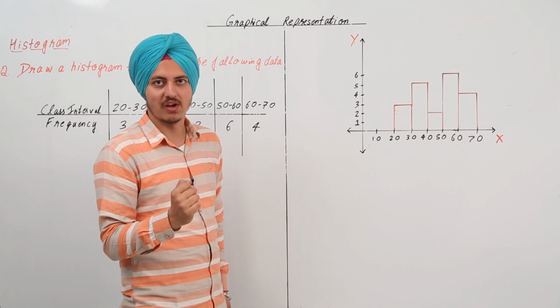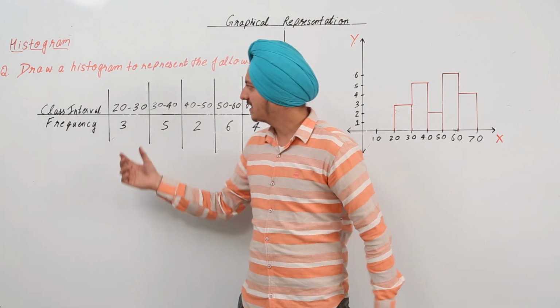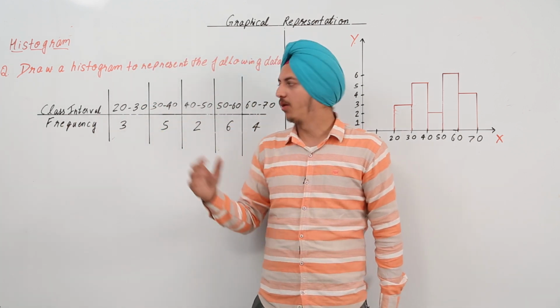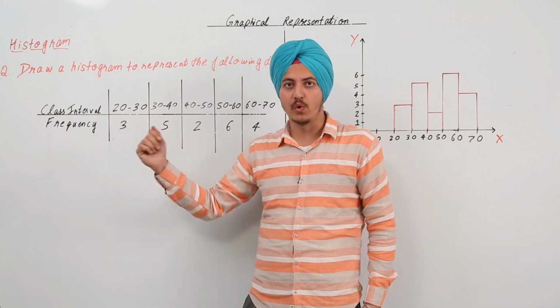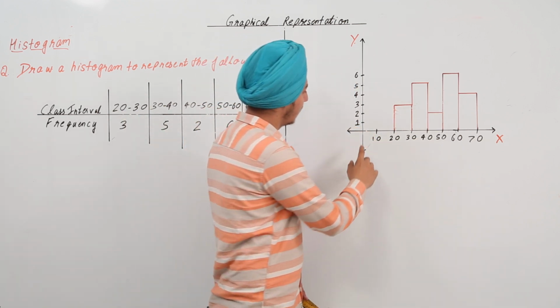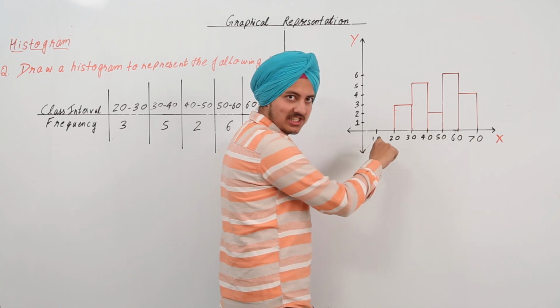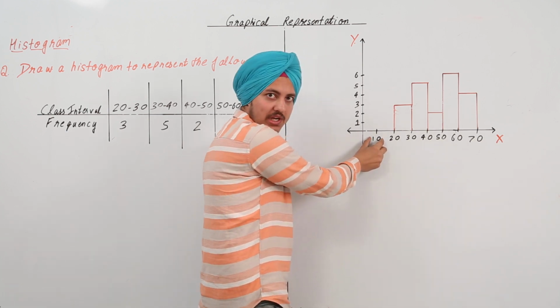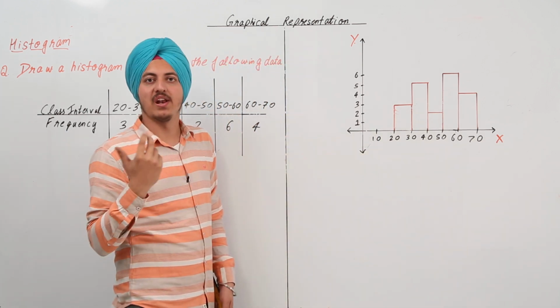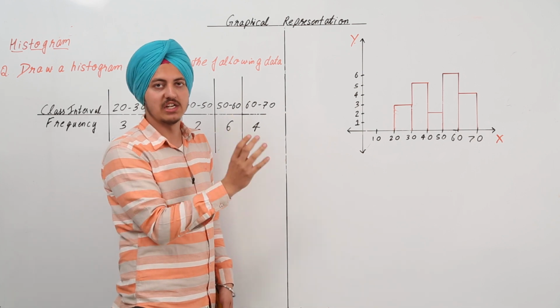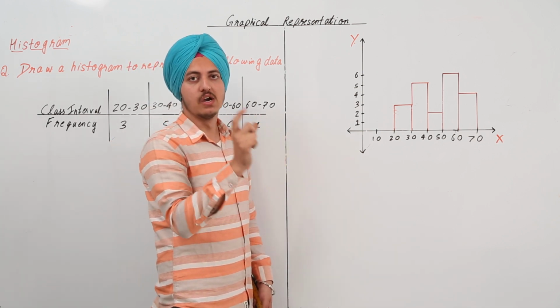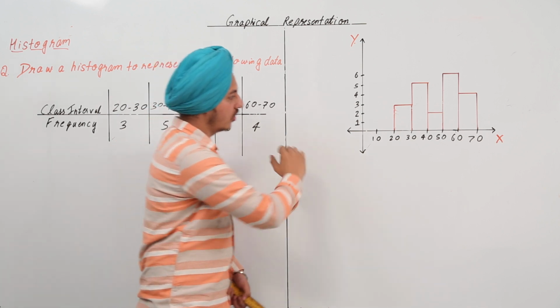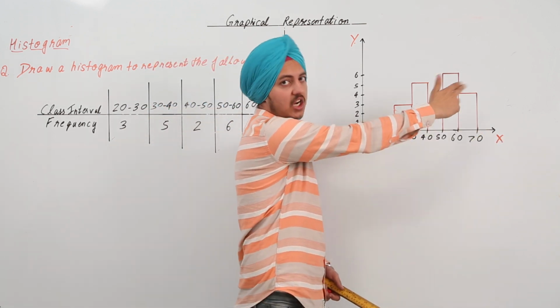One important thing that you have to remember is that if your class interval is starting from a number, like this is starting from 20 already, what you could have done is not written this 10, and started the graph from 20. Now imagine that the number is 150 and the interval is 150 to 160, 160 to 170. You're not going to draw up to 150 over here and then start from there.